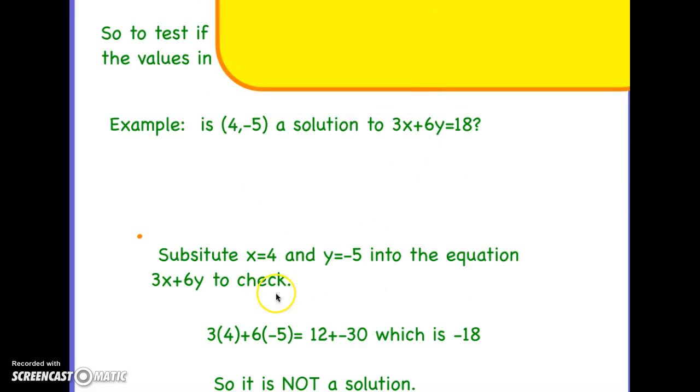So when we substitute that in, we'd have 3 times 4 plus 6 times -5. That would give us 12 plus -30, which is -18. But our equation said positive 18, which means that (4, -5) is not a solution.